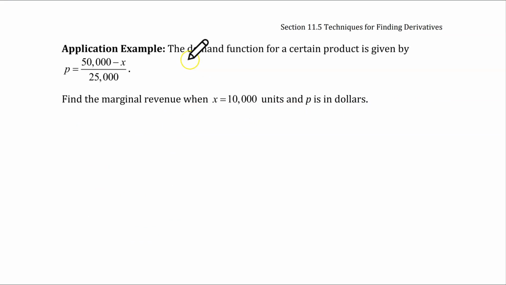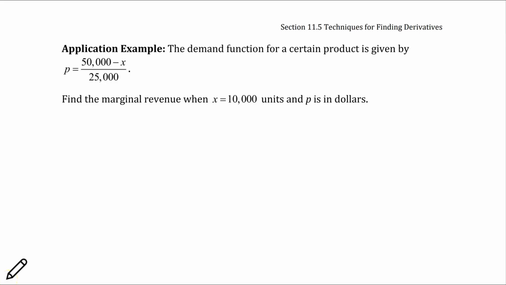Application example. The demand function for a certain product is given by the expression P equal to 50,000 minus x divided by 25,000. Find the marginal revenue when x is equal to 10,000 units and P is in dollars.